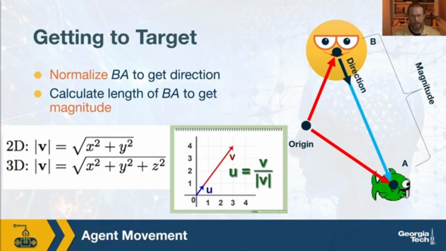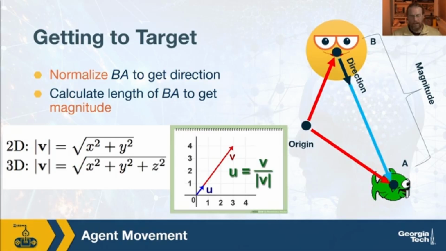To normalize, we first need the magnitude, so we can use the Euclidean distance equation, the square root of the sum of squares, and that works for 2D or 3D or even other dimensions.